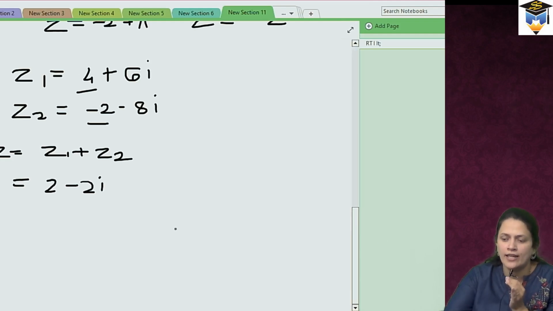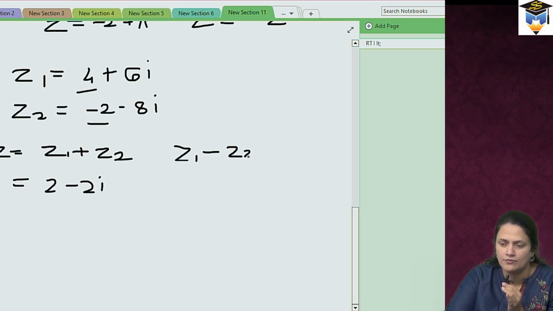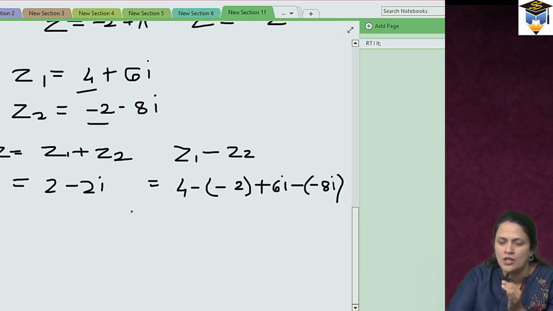In the similar way, let us do subtraction also. Tell me, when I write z1 minus z2, again the real parts you will have to subtract, and also plus 6i minus of minus 8i. So this is going to be 4 minus of minus 2, plus 6.